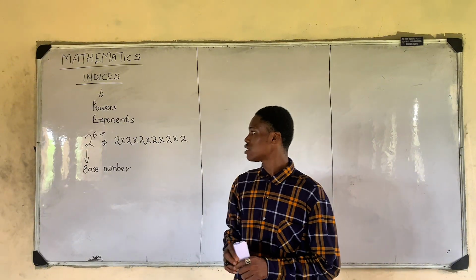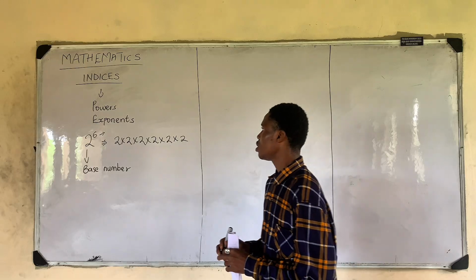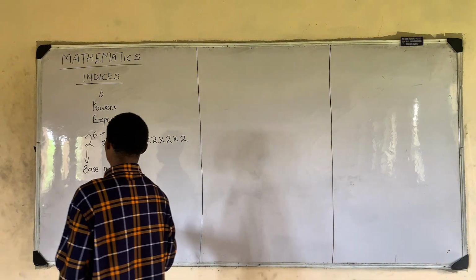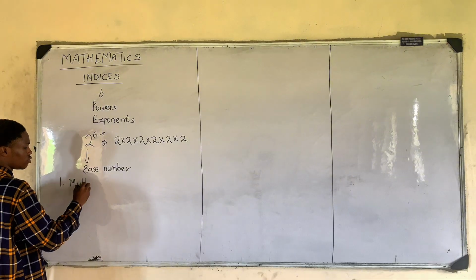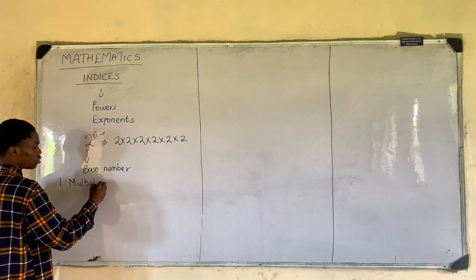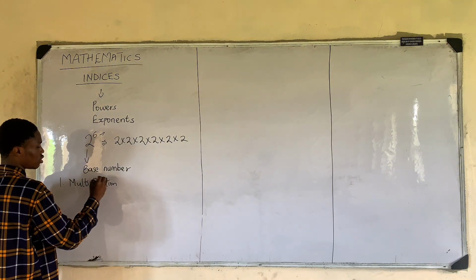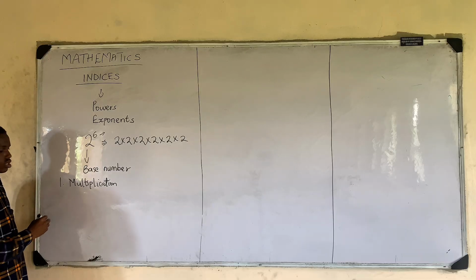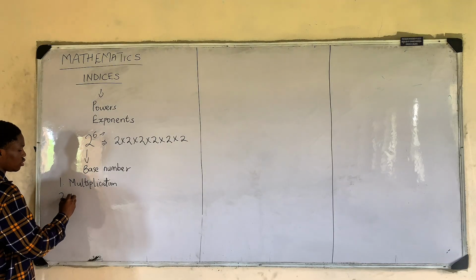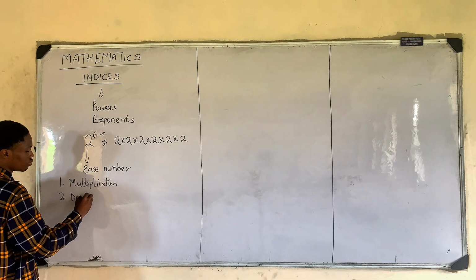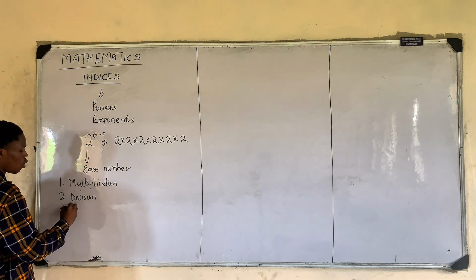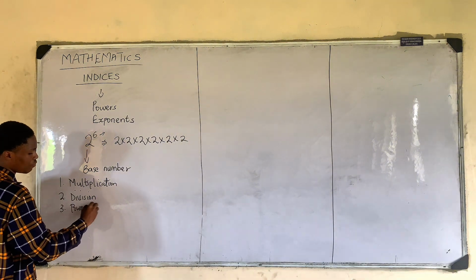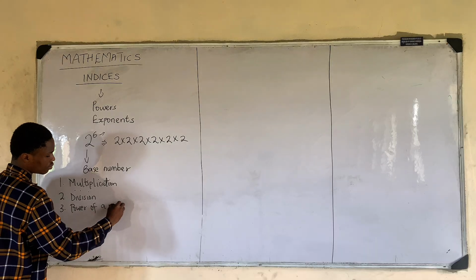The fundamental laws we have in indices: the first one is the multiplication law. The second one is the division law. The third one is the power of a power.